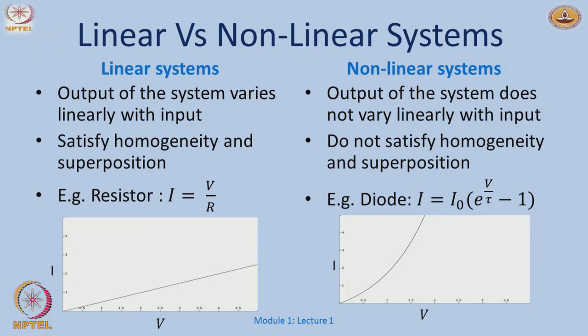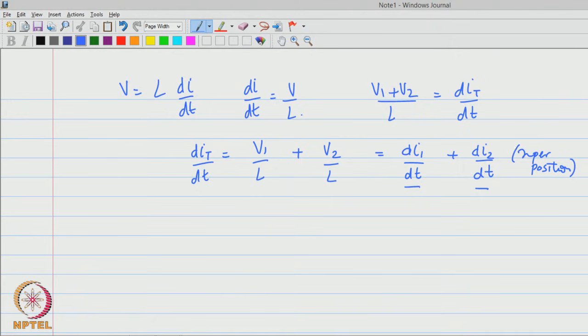So, what does a nonlinear system do? In a nonlinear system, the response does not vary linearly with the input, and it does not satisfy homogeneity and superposition. For example, a diode. Let us work this out as we did earlier. I equals I0 times e to the power V over tau minus 1.